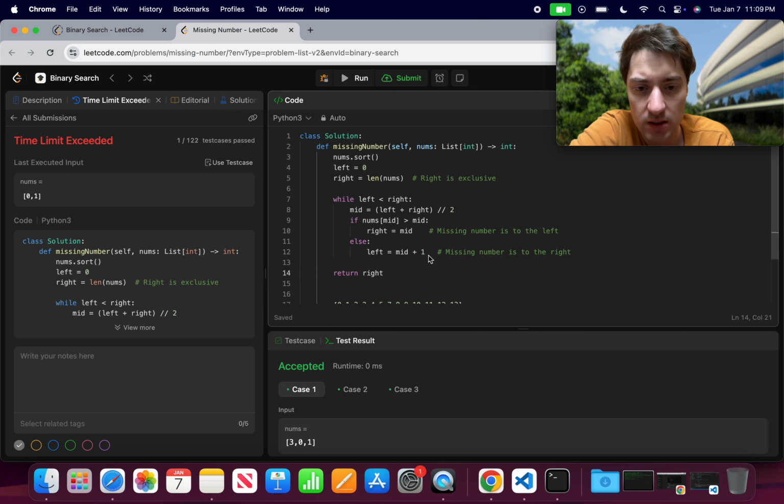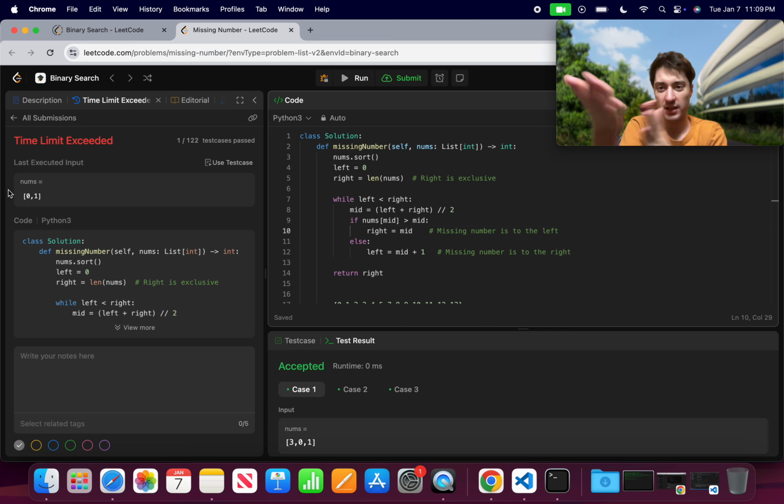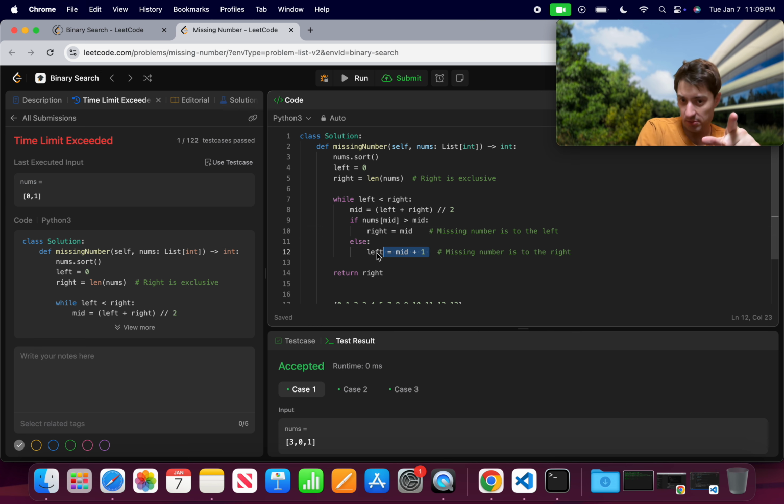I need this +1 here. Why can't I have a -1 there? I literally just saw that it doesn't work on this. It sends me way off the array. But the other one does work. Wouldn't this one send me off the array on the other side? You see what I mean?